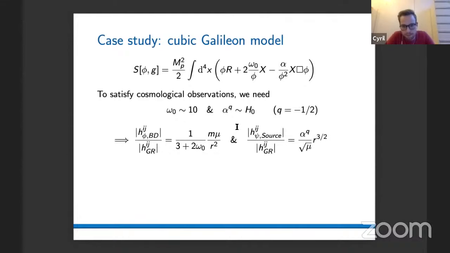And here you have the effect of the scalar field on the source as compared to GR, and we see that we have this parameter alpha to the power q in front of it.